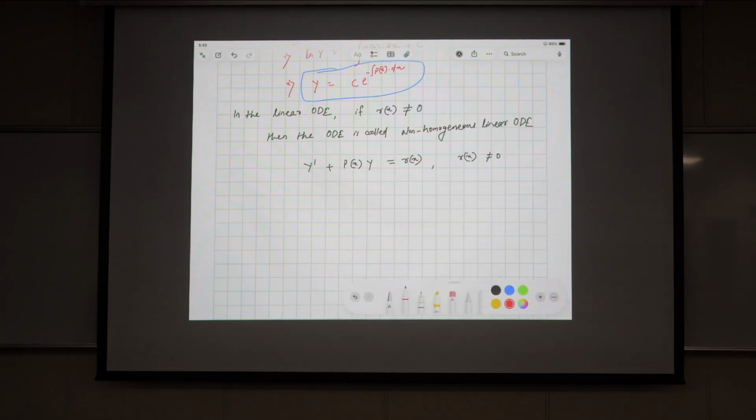In this, specifically with this condition, it is non-homogeneous linear ODE. Right?